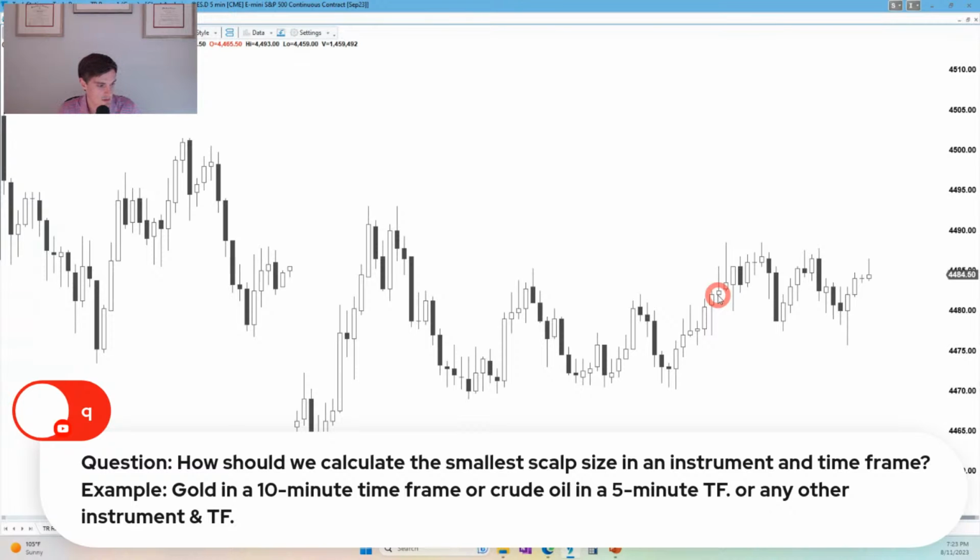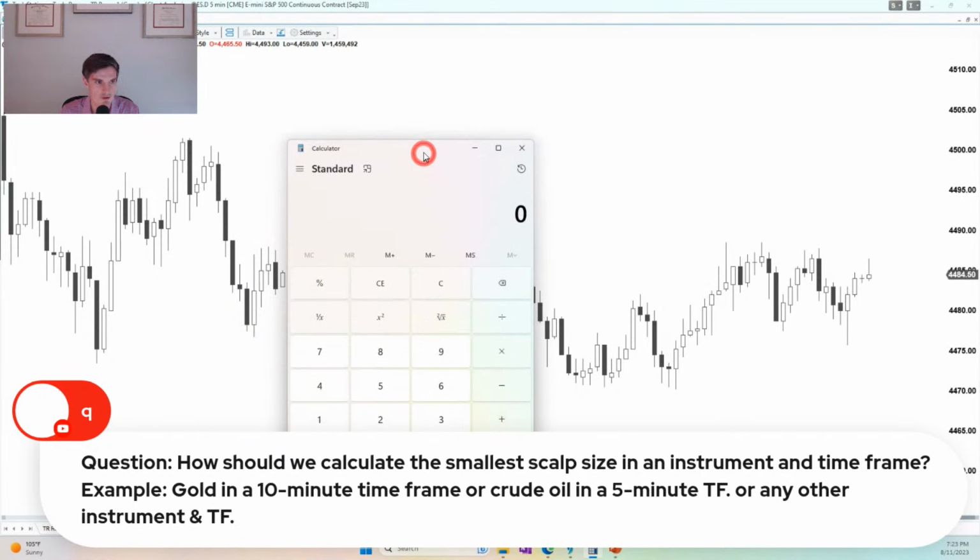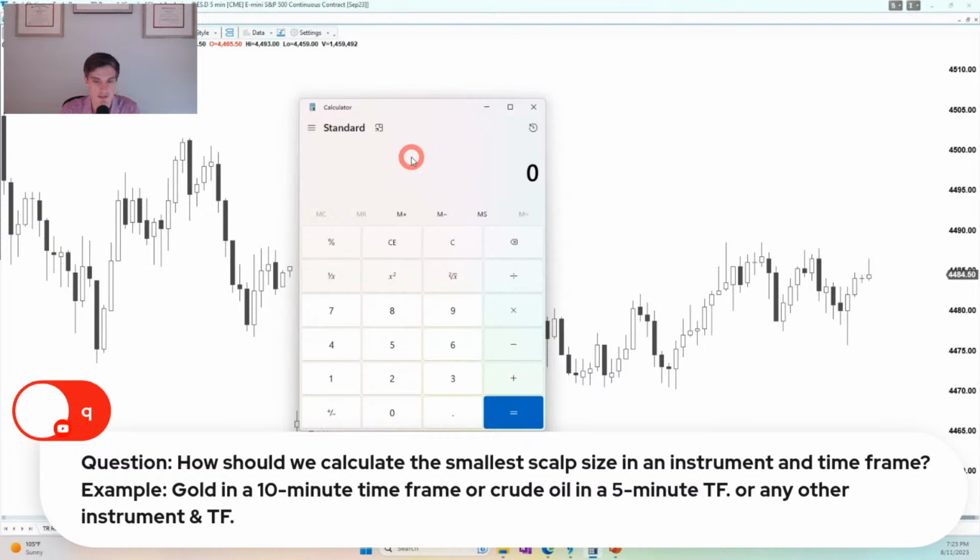So if I'm trading, let's say 1 micro, I have a calculator up, and the average cost of 1 micro, I think, is $1.20 for most people. It's typically 25 cents for your broker to enter, 25 cents to exit, and then you have to pay 70 cents to the exchange.